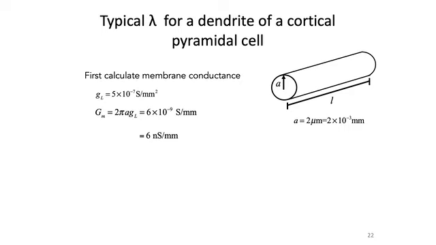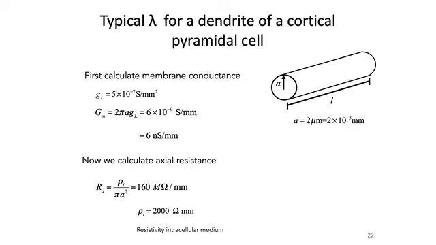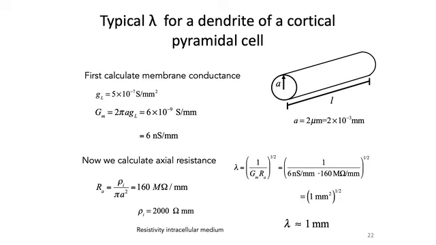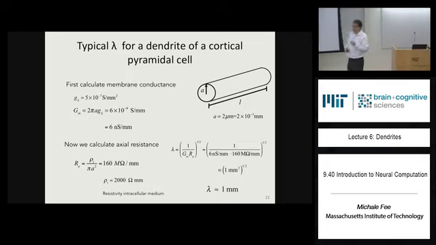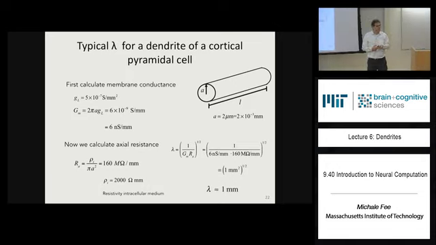You don't have to remember that. We're just calculating the length constant. Axial resistance is, plugging in the numbers, for a piece of dendrite that's about 2 microns in radius, about 60 megohms per millimeter. And so when you plug those two things in to calculate lambda, you find that lambda for a typical piece of dendrite is about 1 millimeter.